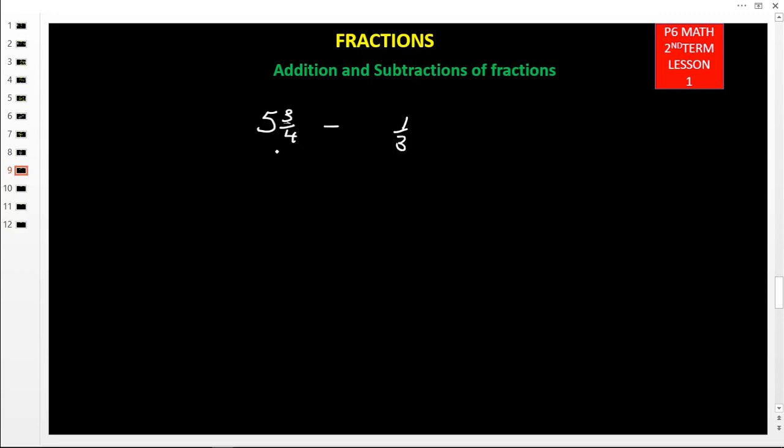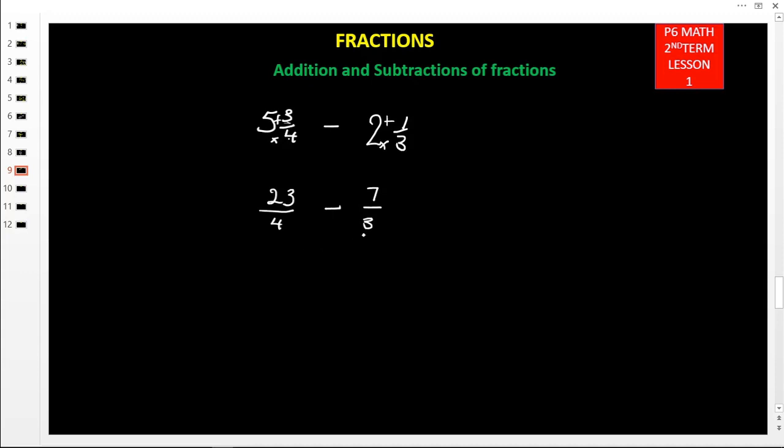Here we convert: 4 times 5 is 20, plus 3, we have 23 out of 4, then minus 3 times 2 is 6, plus 1, 7 out of 3.